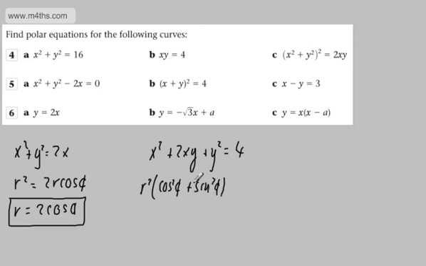Well, that's just going to be equal to 1. So if we think about 2xy, that will give us 2r cos theta r sine theta, or 2r squared cos theta sine theta, or we could say r squared sine 2 theta.